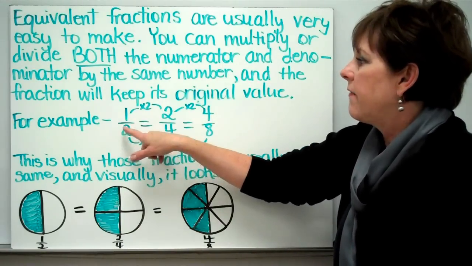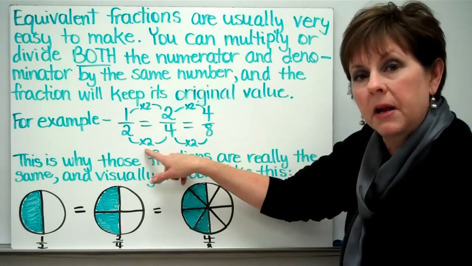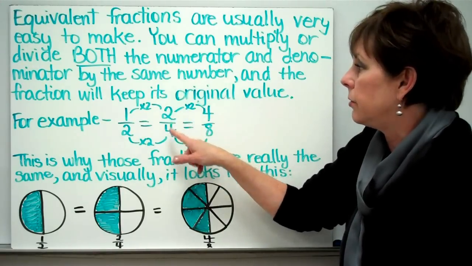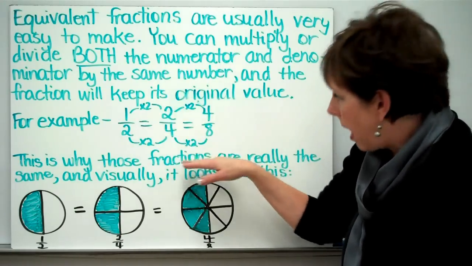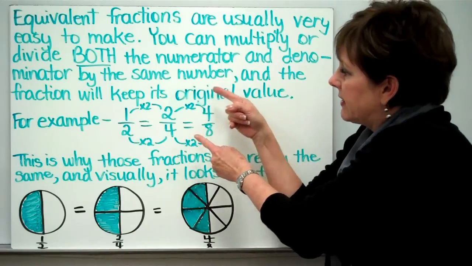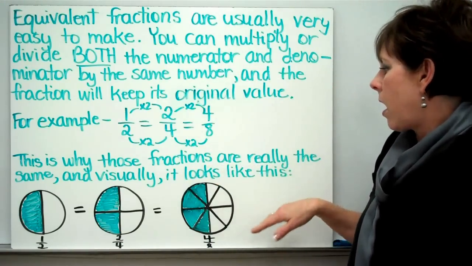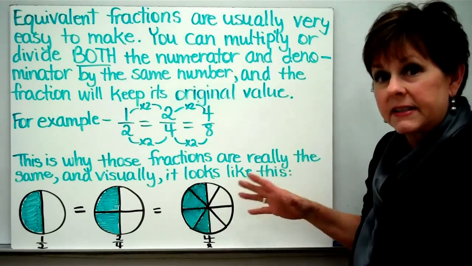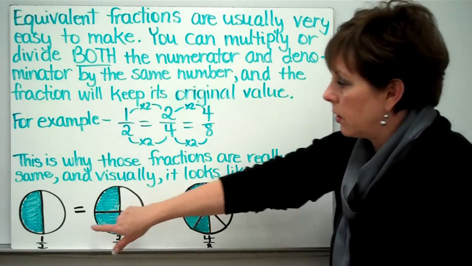For example, if I have 1/2 and I multiply the top number by 2 and the bottom number by 2, I will get 2/4. If I multiply the top number by 2 and the bottom number by 2, I get 4/8. Notice it's the top and the bottom, and it's by the same number. This is why these fractions are really the same, and visually they would look like this.